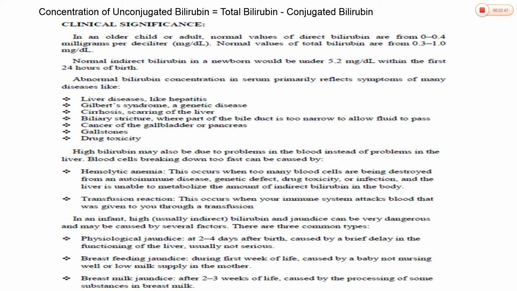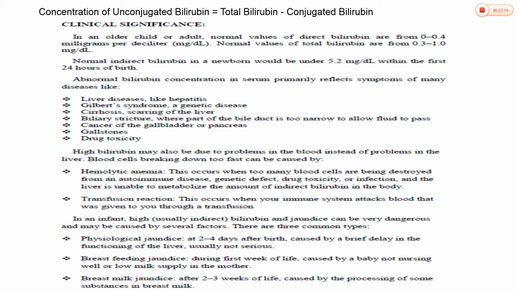these new cells. On the other hand, in an infant, high indirect bilirubin and jaundice can be very dangerous and may be caused by several factors. There are three common types. Physiological jaundice occurs at day 2 to 4 after birth, and is caused by a brief delay in the functioning of the liver, but it is not actually very serious.